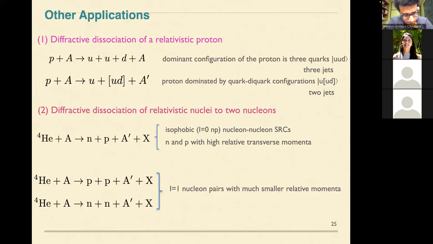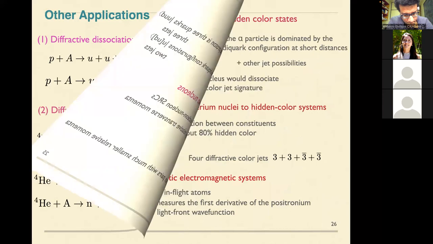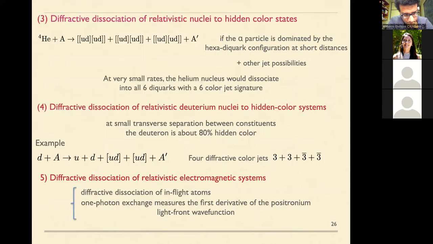It's the same idea applied now to the alpha particle. Moreover, with the alpha particle you can also test the possibility of having these diquarks, and see where you can excite them. So there are several possibilities of testing the ideas I mentioned using diffractive dissociation.